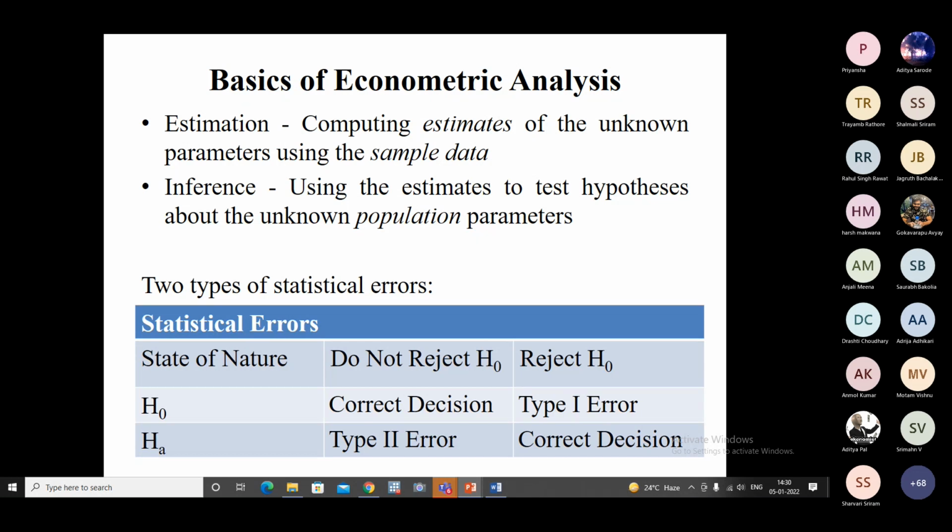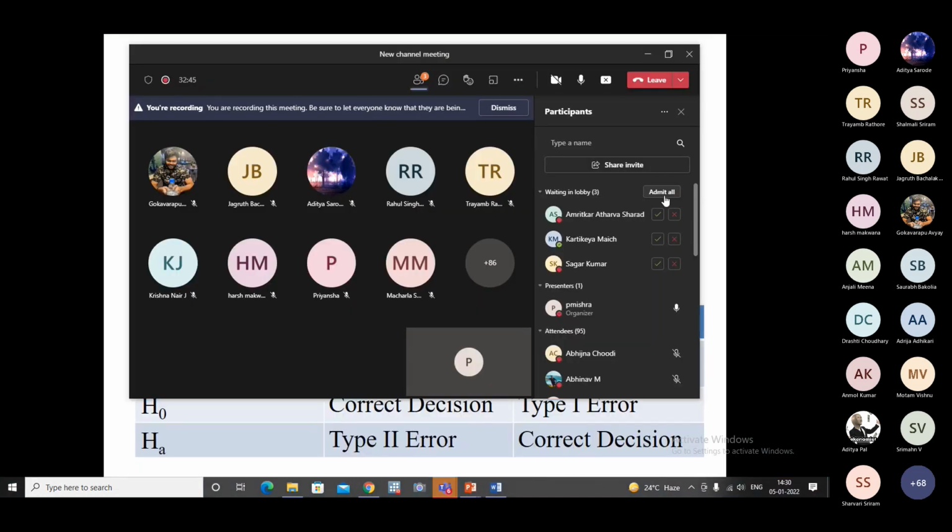Question is whether this criteria or this sort of conclusion applies everywhere. I'll be bringing in some interesting cases, like say when I'm testing for autocorrelation, when I'm testing for heteroscedasticity, whether I'd be going for 5% level of significance or 1% level of significance.